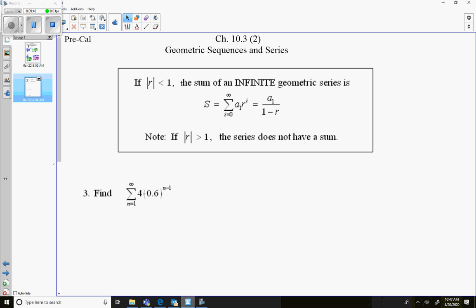Now, as we flip the page to page 2, we're going to look at the sum of an infinite geometric series. I'm going to start with this note here at the bottom first.